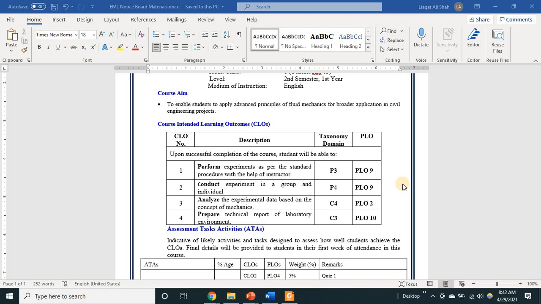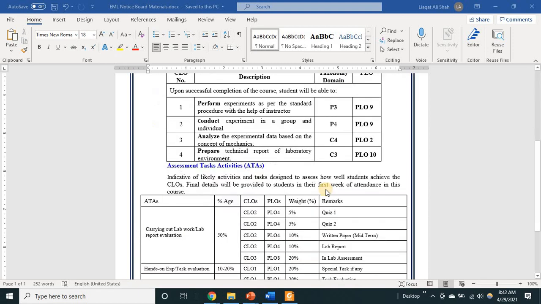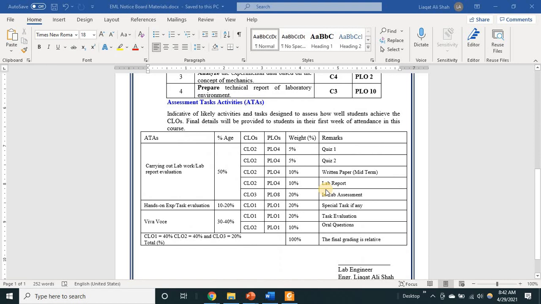When you perform an experiment, you write it in your copies in your own writing and explain it, also note down the results, write down the tables and observations, and then analyze that data and write it in your notebook.